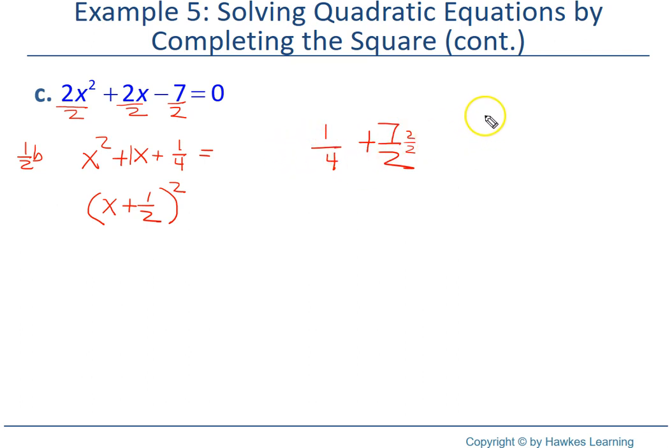So this is going to become 1/4 plus 14/4. Do you see what I've done? Brought it over, changed signs, completed the square, factored that, and now it's an equation, but I had to add these together. So this side is going to become 15/4. Okay, 15/4. Sorry about that. So there's where we are.